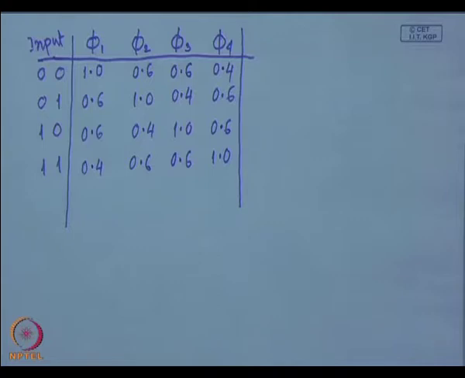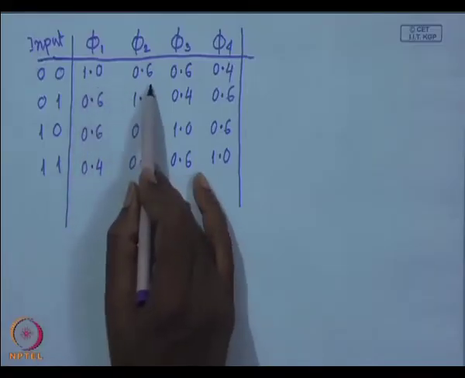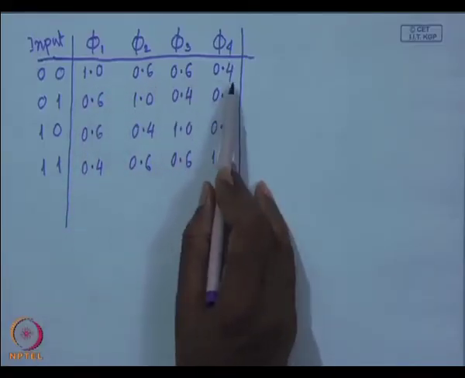Okay. So, you find that given a two dimensional feature vector 0 0, this has been cast into a 4 dimensional feature vector, where the components of this 4 dimensional feature vector are 1.0, 0.6, 0.6 and 0.4.